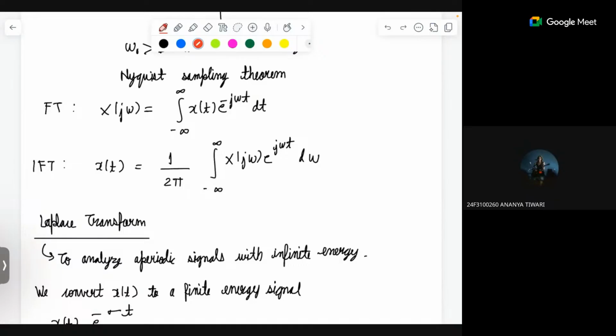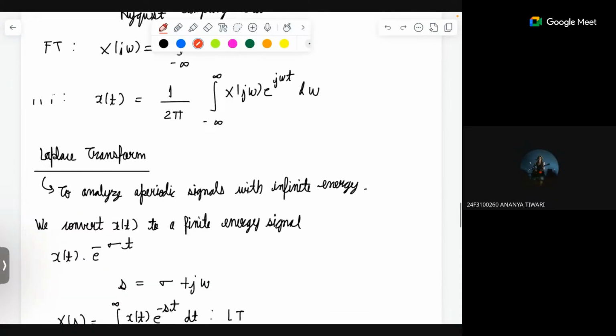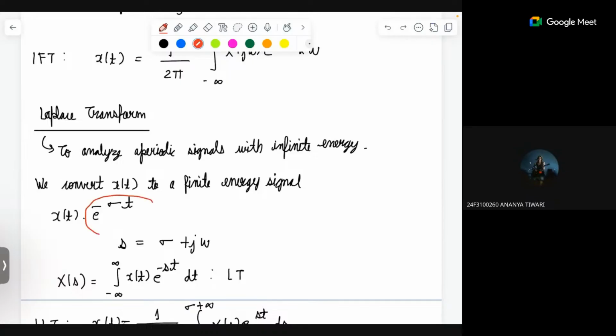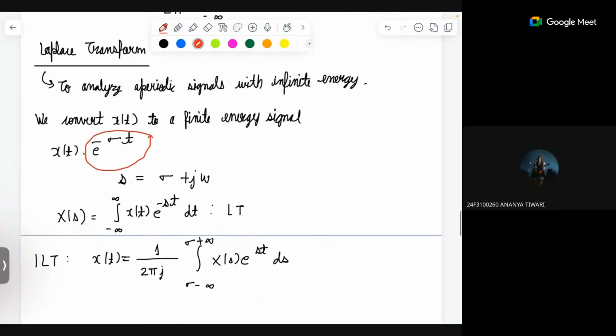Dirichlet's conditions. Yes, ma'am. But in Laplace transform, we multiply with this decaying exponential, and then we just introduce a new thing, which is Laplace, which comes from multiplying with this decaying exponential. So we just created one more transform. Okay, ma'am, got it.